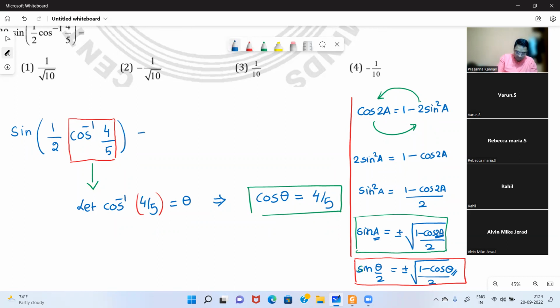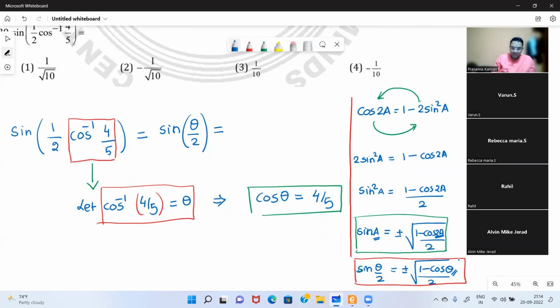Now if you look at it, we have taken cos inverse 4 by 5 as theta. So your question becomes sine of 1 by 2 into theta, that is sine of theta by 2. This is what we need to find out.